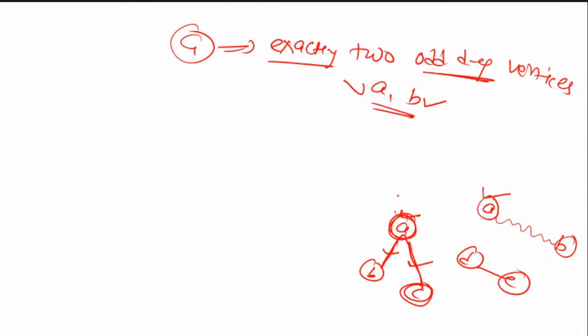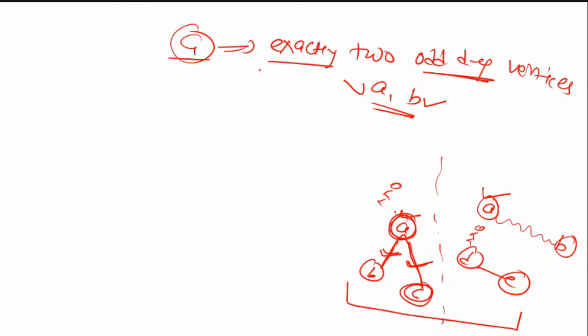You are standing at A and you want to go to D, but you cannot, because there is no path. From A you can go to C and to B, but from A you cannot go to D or to E. So this is a disconnected graph. There is no path from A to D, no path from A to E, no path from B to D, no path from B to E, and so on.